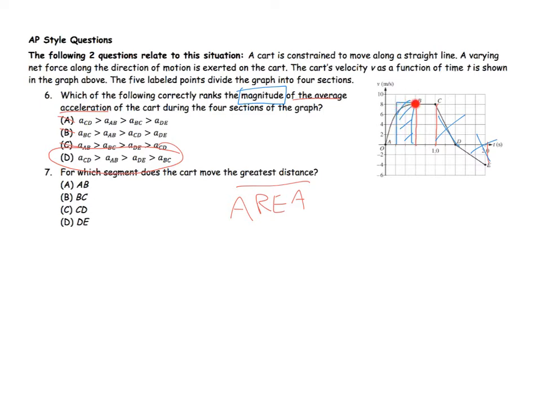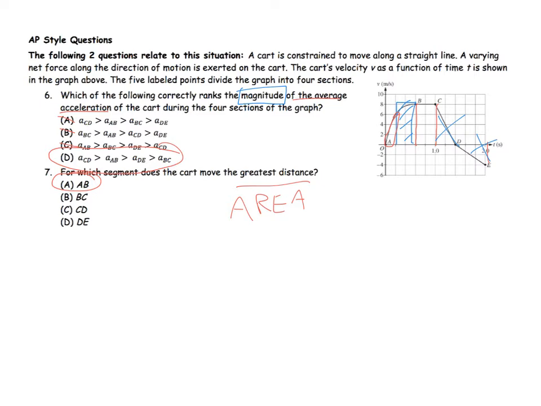So this section right here is almost as much area, meaning almost as much distance, as B to C. However, with A to B, I also get this segment in here. That, combined with that rectangle, is going to give me more area than B to C. So my answer here is going to be A to B.